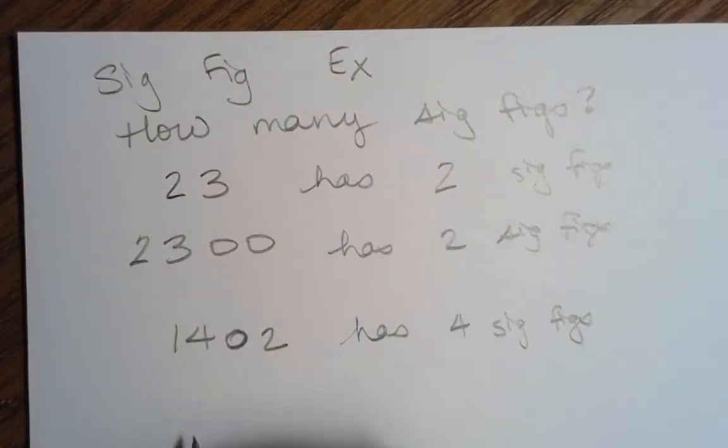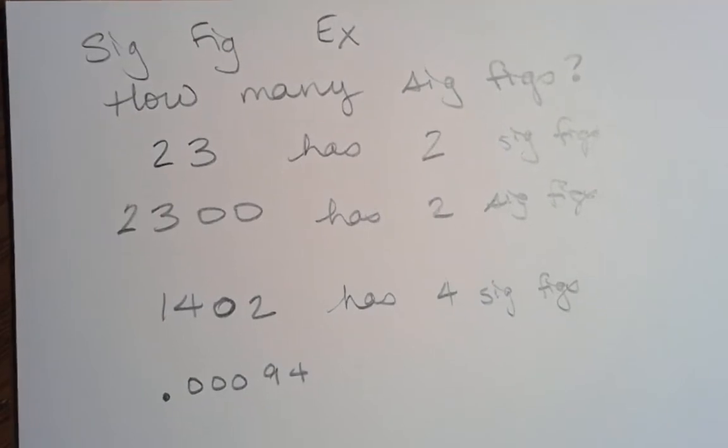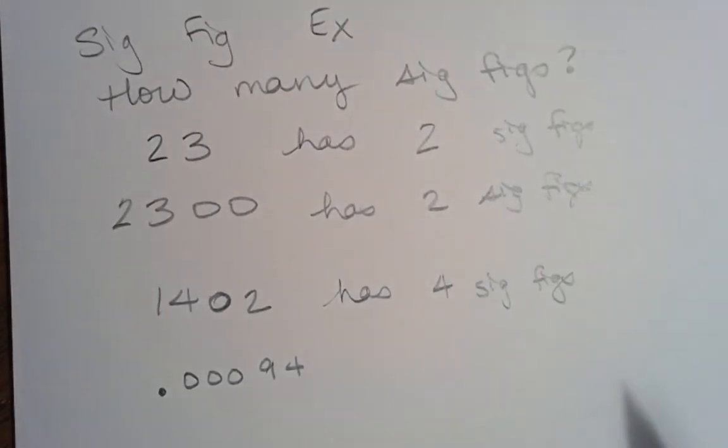Okay, how about this one? Well, it's still the zeros that are your confusing question region. These zeros come at the beginning of the number. I can even put another one here. And they're not significant because they're at the beginning of the number.